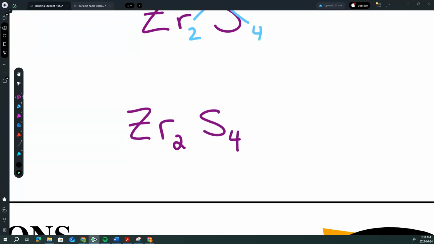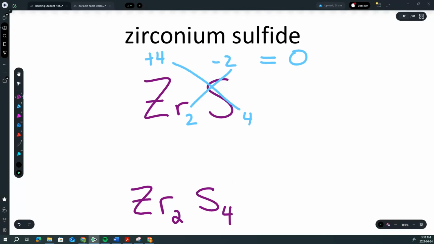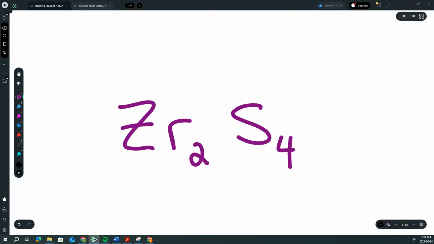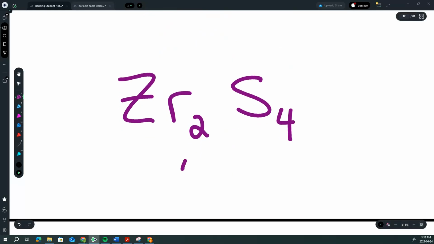Now looking at this here, because we did the crisscross applesauce thing, the charges are all going to balance out. This does have a net charge of 0. However, we don't have the lowest ratios. If you look, we can divide both of these by 2.